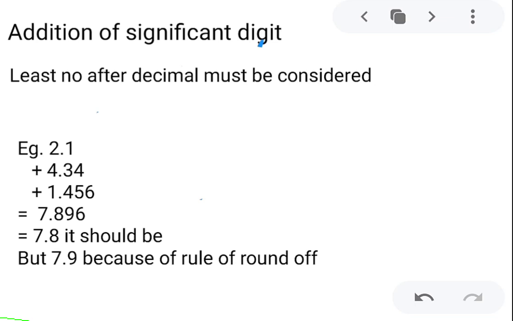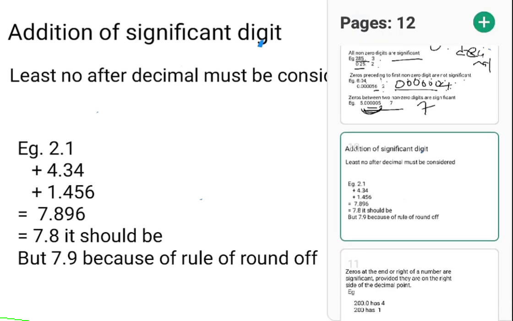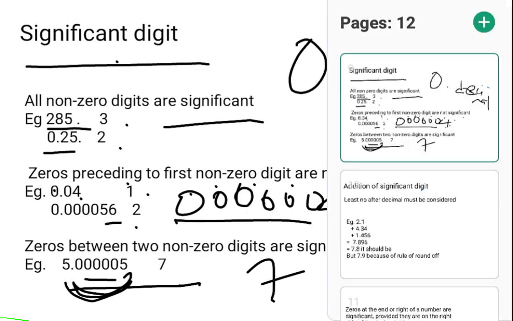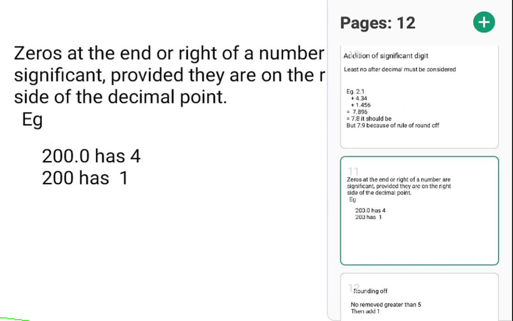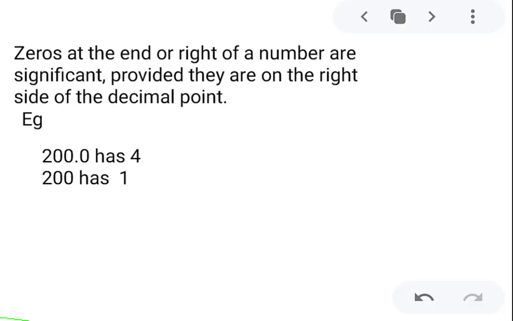The last thing that I have considered is this. Zeros at the end or right of the number are significant, provided they are on the right side of the decimal. For example, if I write only 200, the significant digit is 1.